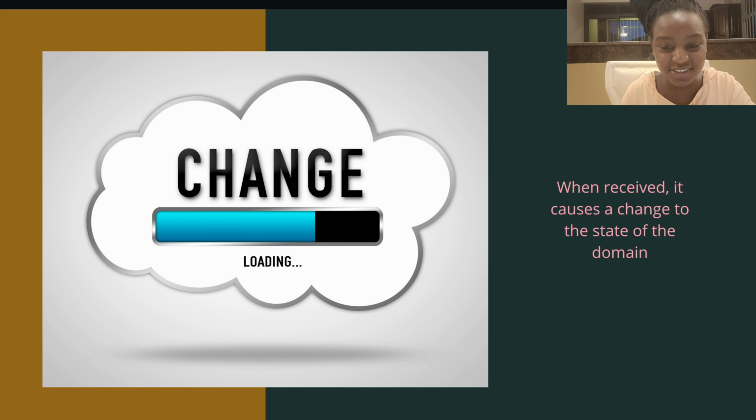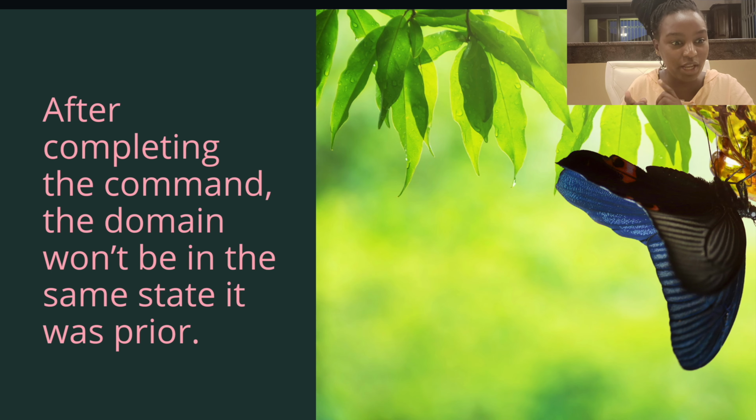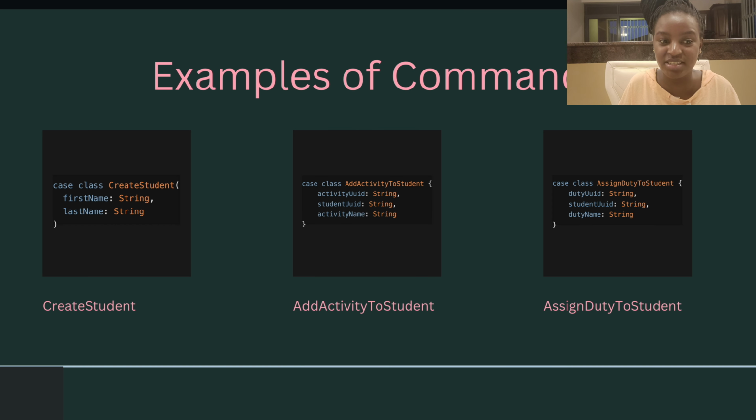When received, it causes a change to the state of a domain. So it will cause a change when effected, if not rejected. After completing the command, the domain won't be in the same state as it was prior. Let's look at some examples of commands in our student management system.